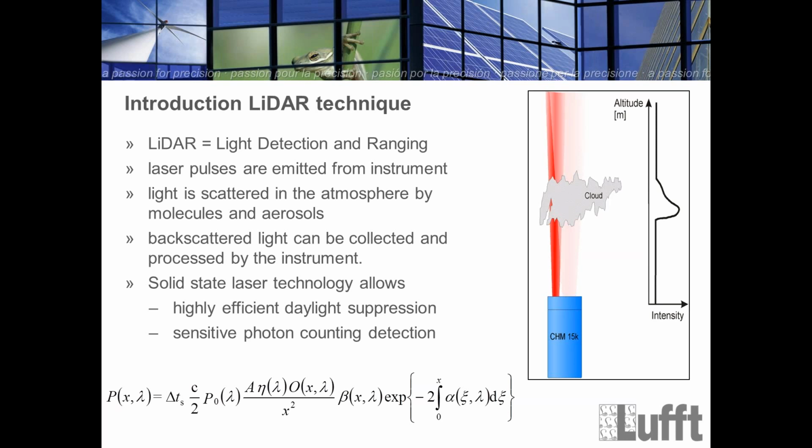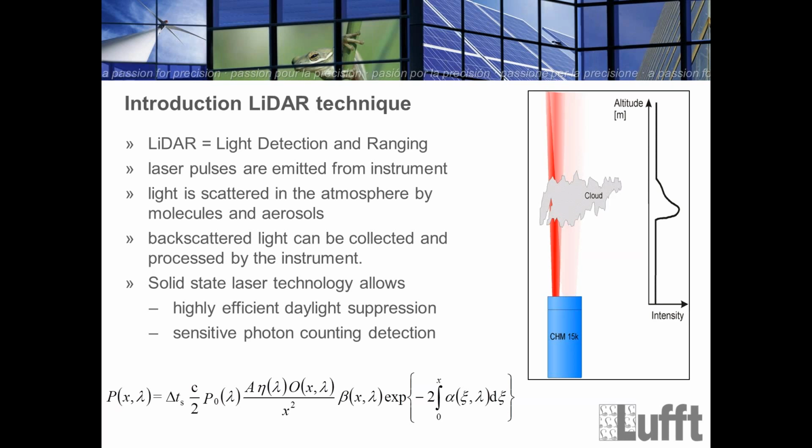It's a 10 to minus 8, sometimes 10 to minus 6 factor that is scattered really back to your unit, and so you need a sensitive detection system. We are using this single photon counting detection system, but also very sensitive analog detection systems are available to measure this low amount of energy.